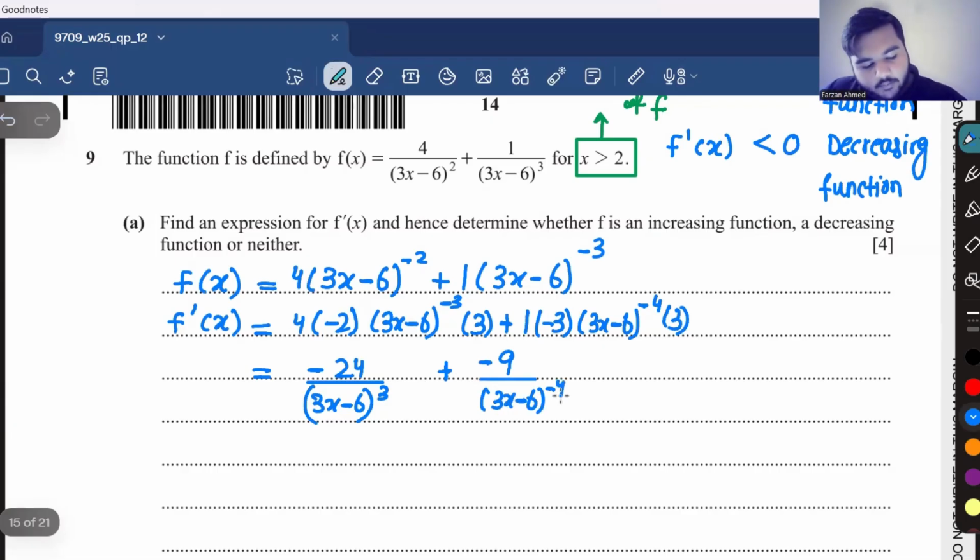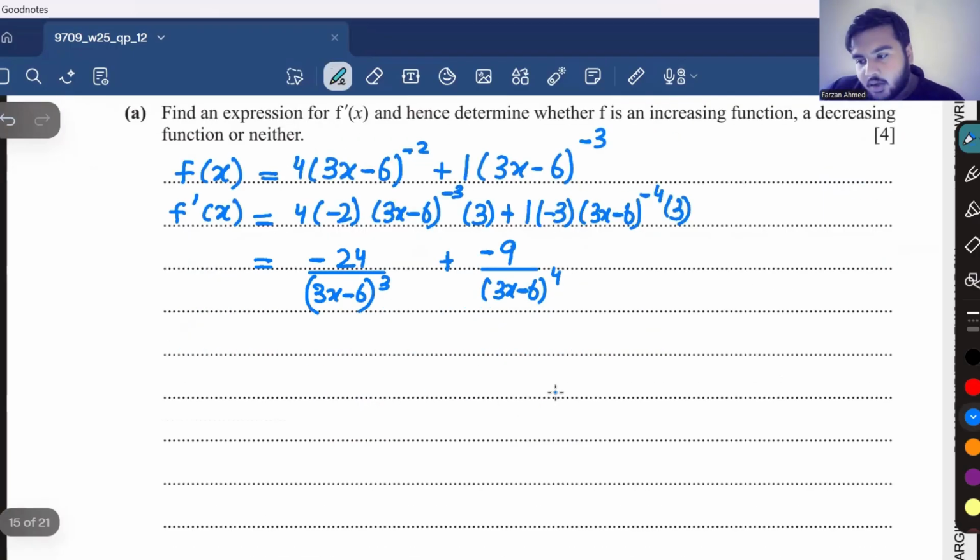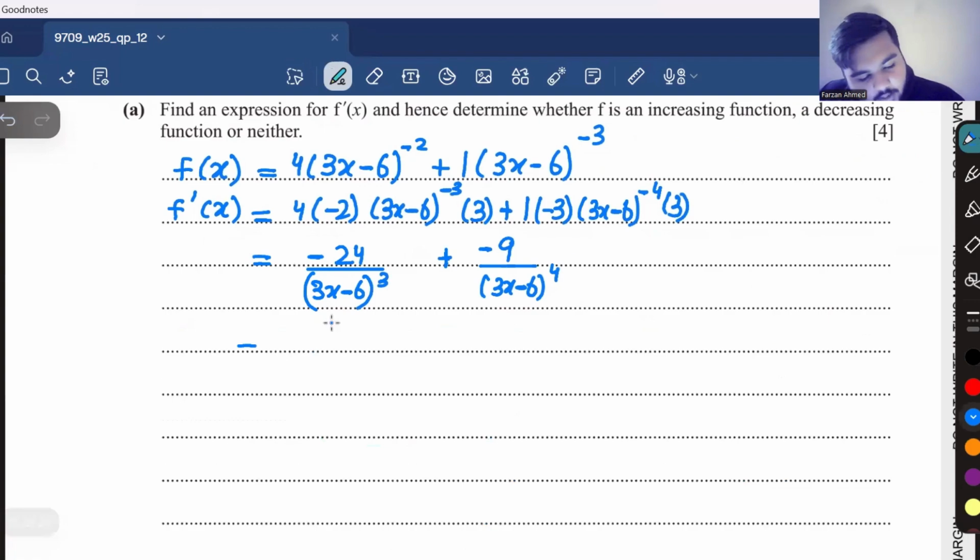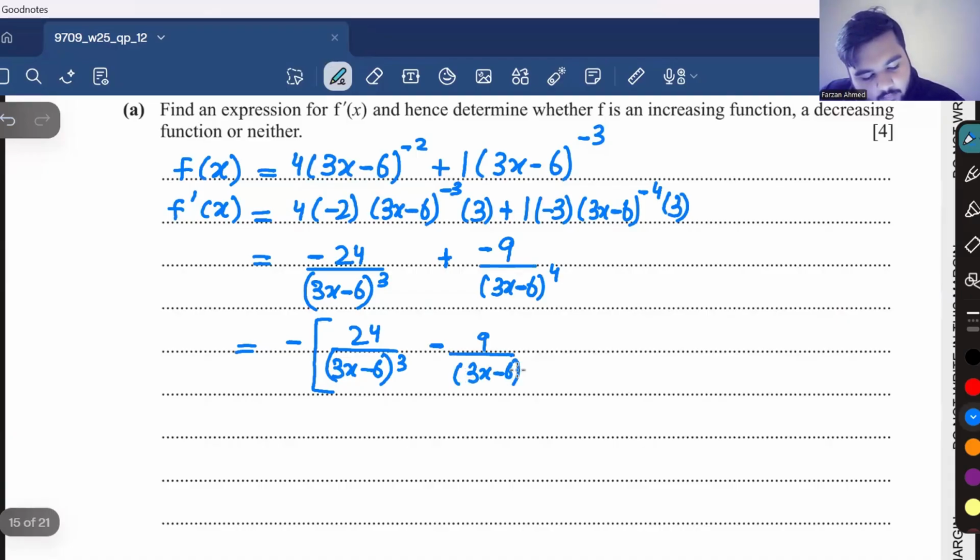Sorry, plus positive 4. Now from here, minus will be common. In the square bracket, what will remain is 24 over 3x minus 6 whole bracket 3 plus 9 over 3x minus 6 whole bracket 4.